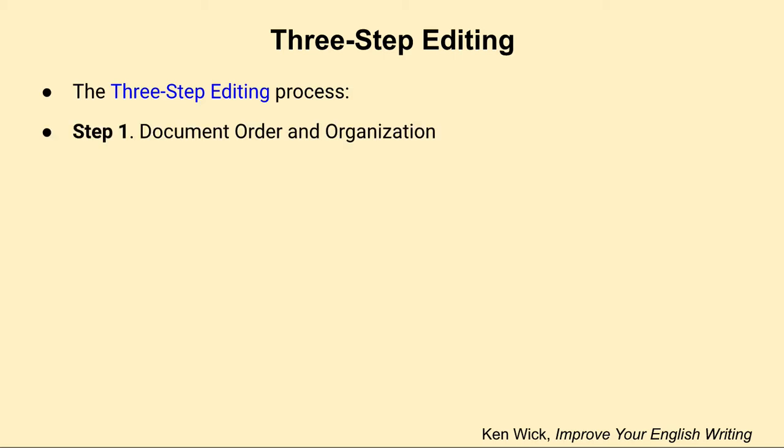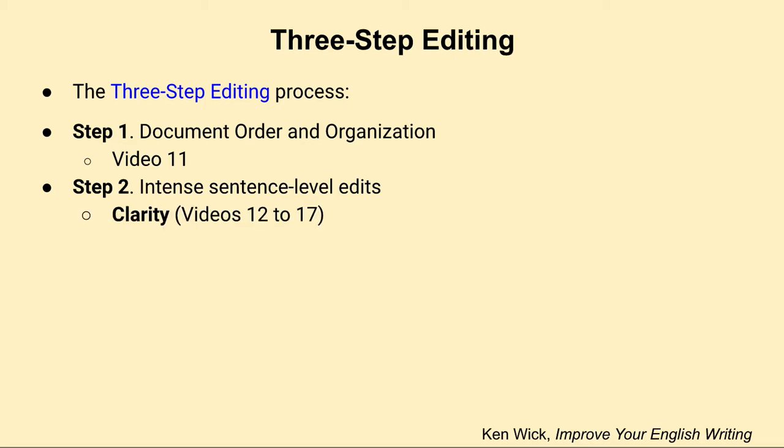So let me just quickly review the three-step editing process and what we've covered so far. Step 1 is document order and organization, and that was video number 11. Step number 2 is doing intense sentence level edits, and we did clarity, which was videos 12 through 17, and conciseness, which was videos 18 through 22.